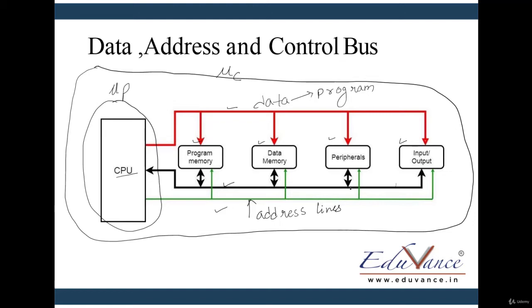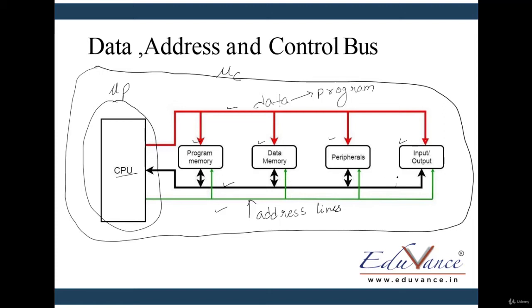After controlling address and data lines, we need to control when I want to read the program memory, when I want to read the data memory, or when I want to read the peripherals or input output. For that you have something called control lines. Here you can see all the control bus in the black color.